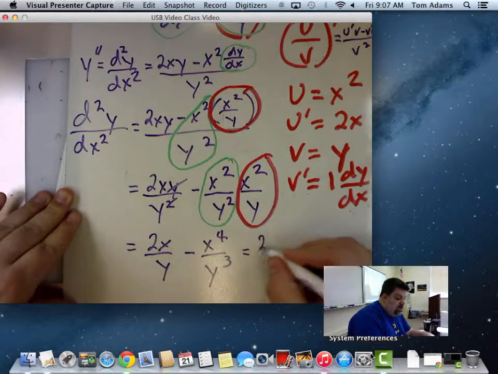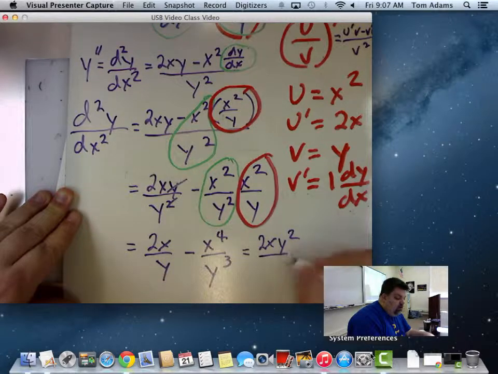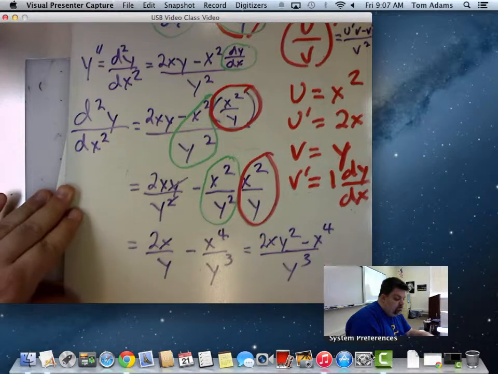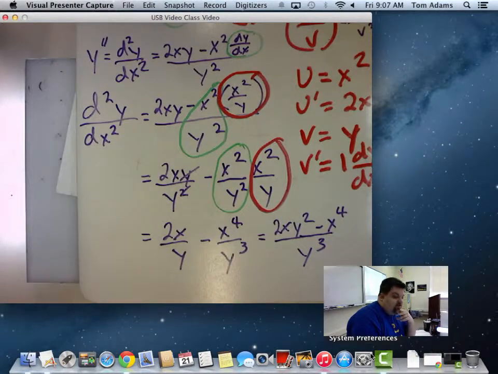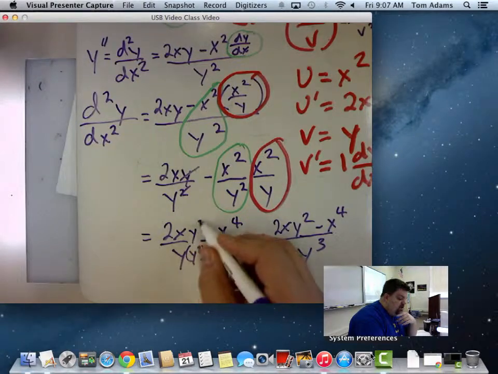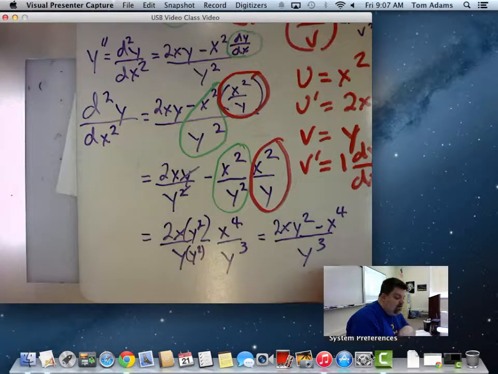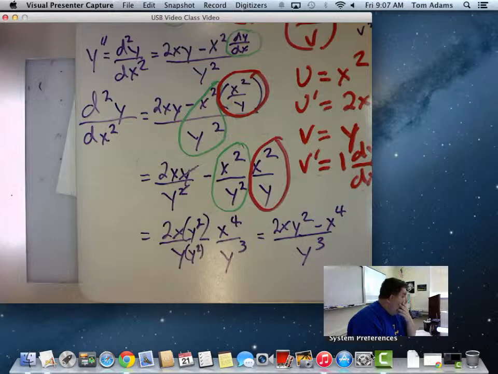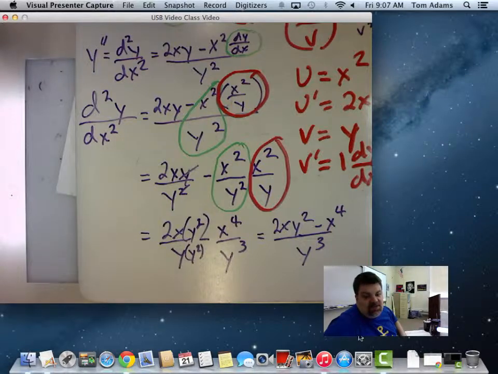That could be 2x y squared minus x to the fourth all over y cubed. And you might say, Mr. Adams, how did you do that? Well, if I multiply this by y squared and multiply this by y squared, that gives me the common denominator of y cubed. You guys see that? Yes. Okay. And that is it. Does that make sense? Yep.